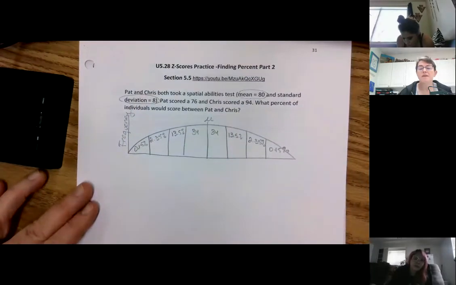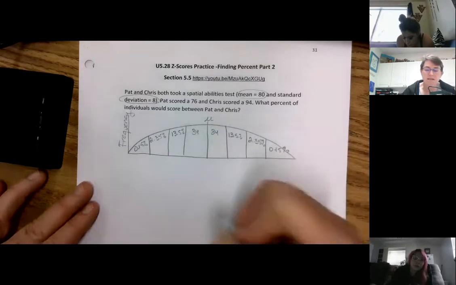So that part's the same every single time, and what changes is the numbers we throw across the bottom.